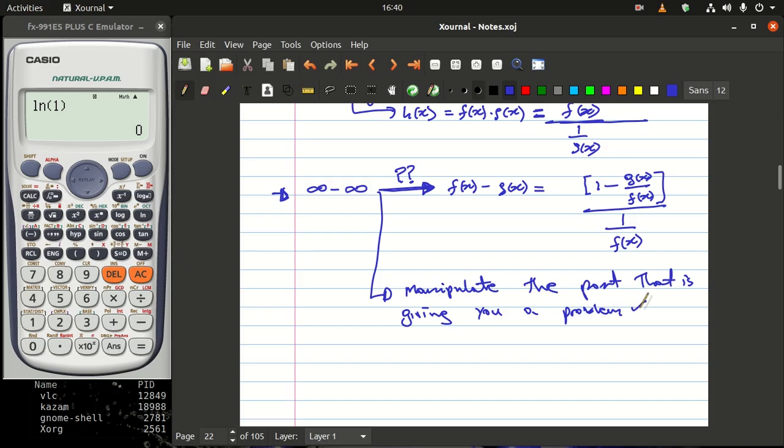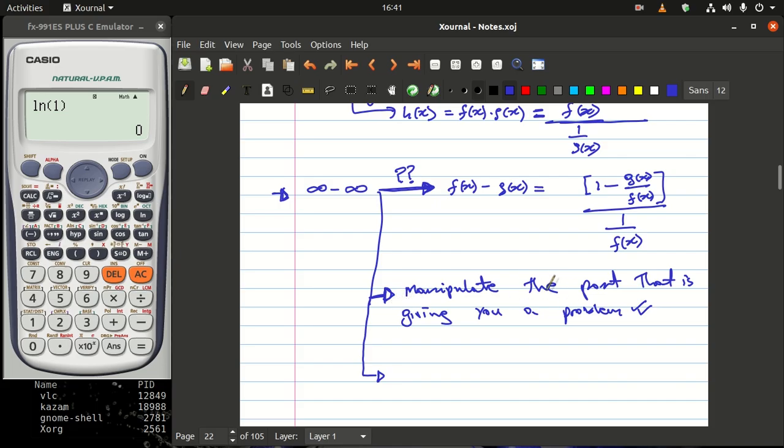This one is not really specific because you saw that what we were trying to do here, we just rewrote the function, and after rewriting that function we got a hyperbolic function, and from that hyperbolic function we were able to deal with the limit.